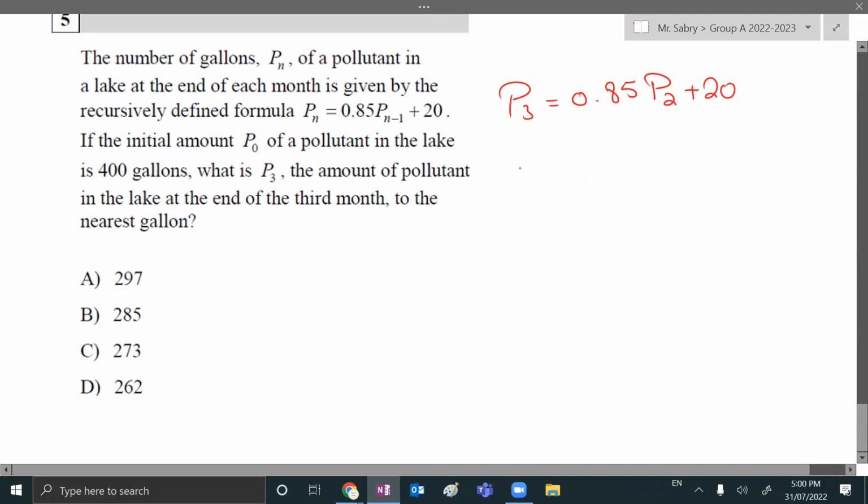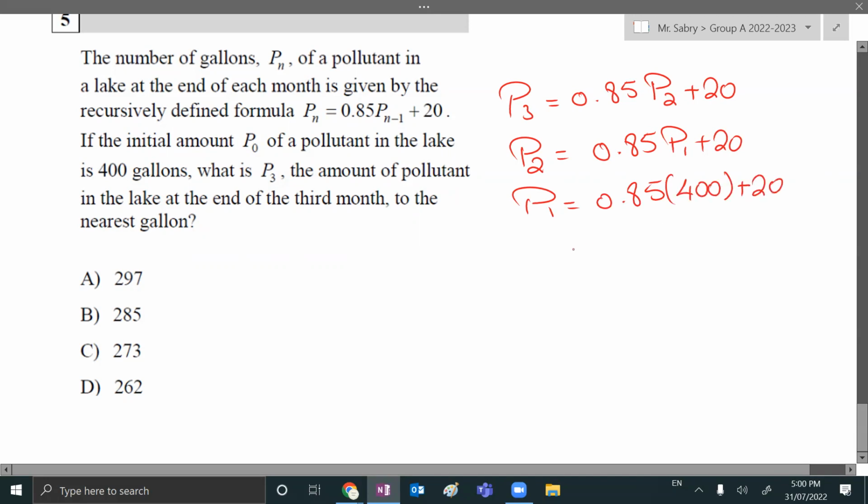And I don't have P2, so I'll have to get P2 first, which is 0.85 P1 plus 20. So in order to get P1, it's 0.85 times P0, which is given already as 400 plus 20. Calculate this. Whatever the result that comes here, I'll substitute it instead of P1. And whatever the result that comes here, I'll substitute it instead of P2. And I'll get the final answer.